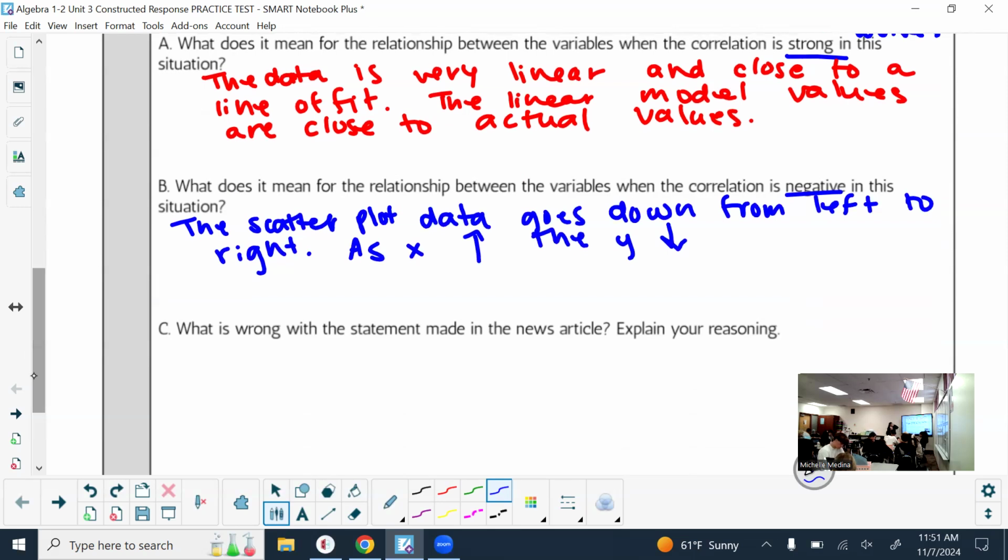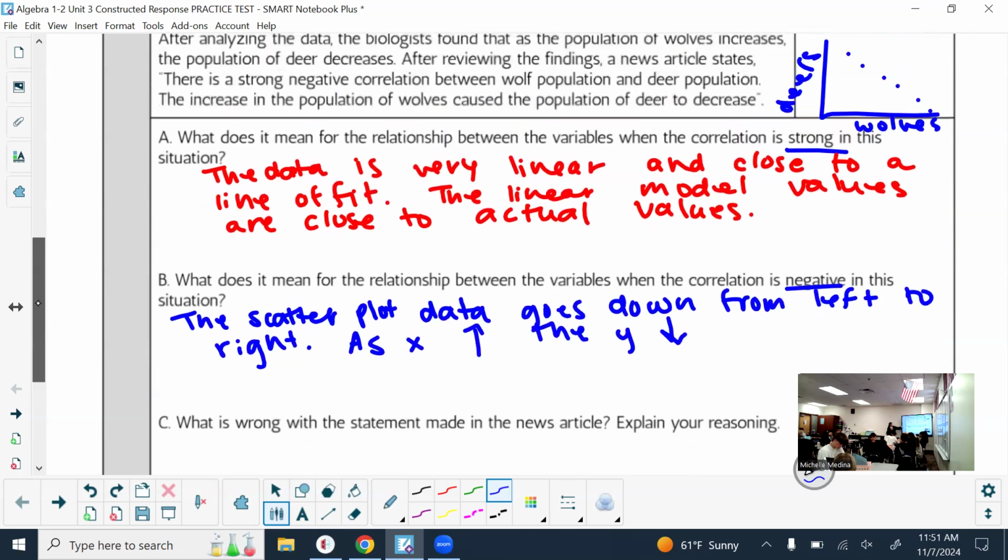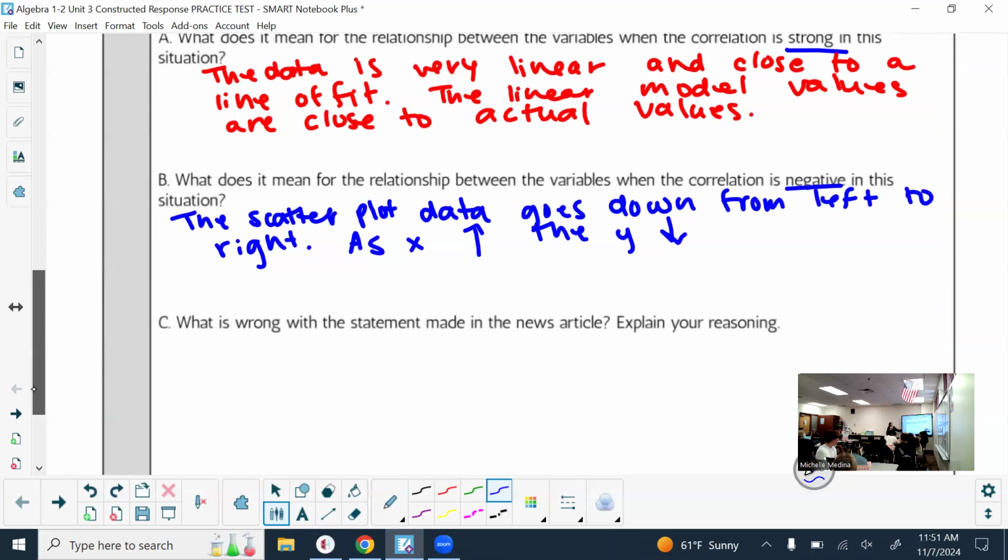All right, last part, what is wrong with the statement made in the news article? So the news article said that there's a strong negative correlation between wolf population and deer population. The increase in the population of wolves caused the population of deer to decrease. What's wrong with them saying that?